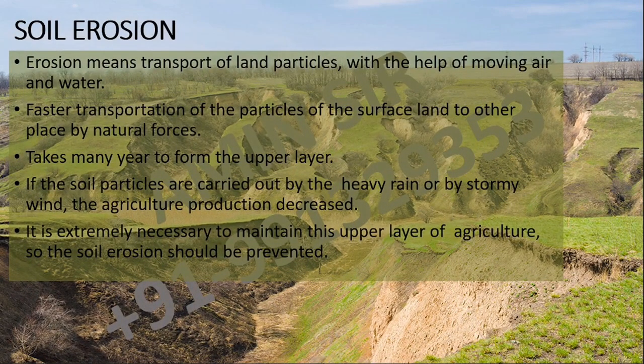Next, we have now learned completely about the different types of soil. Now we are learning about soil erosion. So what is soil erosion? Soil erosion means the transfer of land particles with the help of moving air and water. As you know, if we throw some water on the land, it will take the elements that are already on the land and move them with the water force.